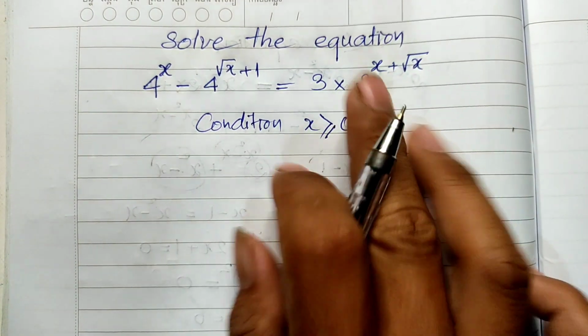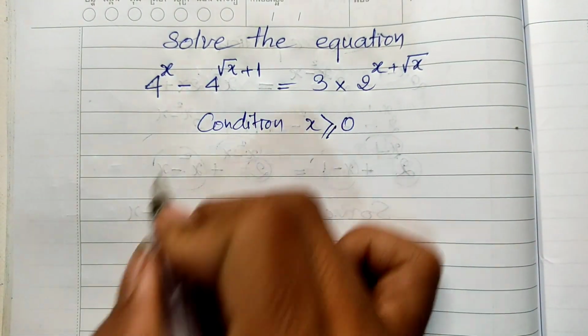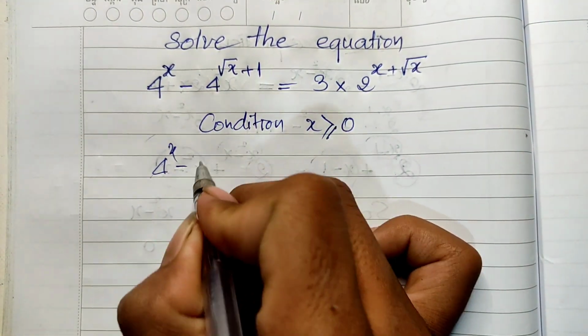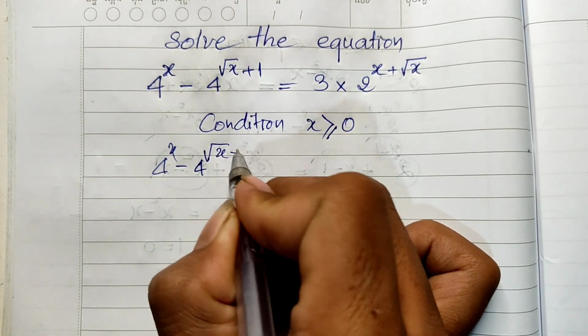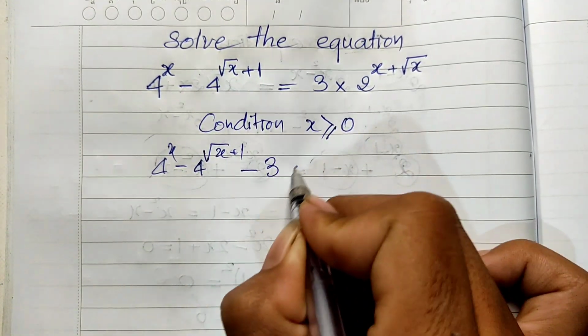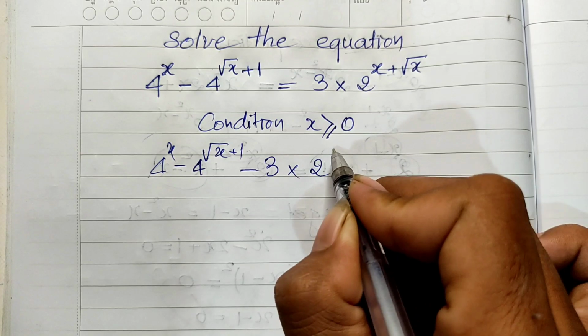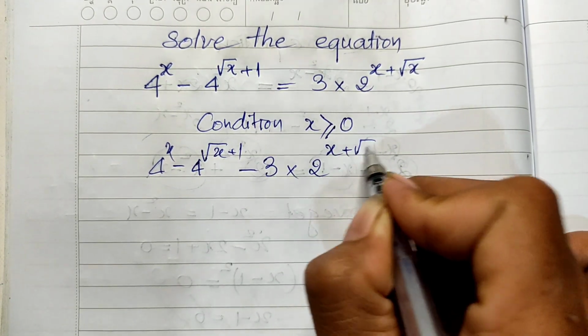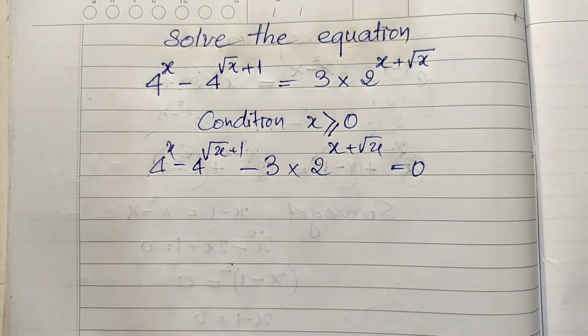We can move the right side to the left side. So I get 4 power x minus 4 power square root of x plus 1 minus 3 times 2 power x plus square root of x is equal to 0.